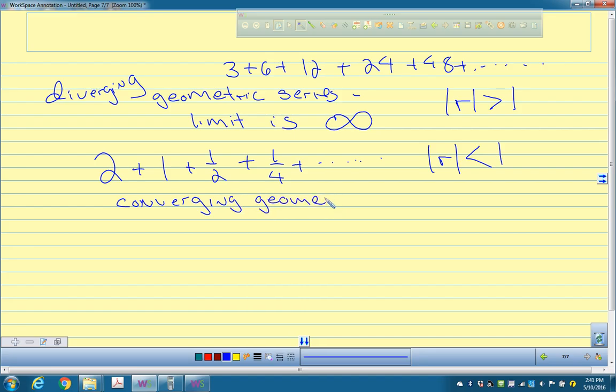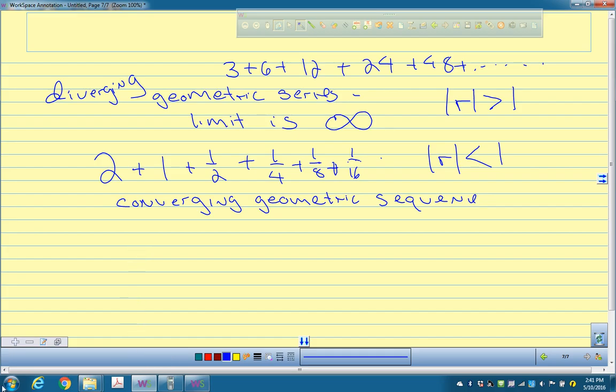And believe it or not, even though I keep adding numbers to it, plus 1/16, it has a limit, it has a value. So if I kept adding things forever and ever, I would get a value.